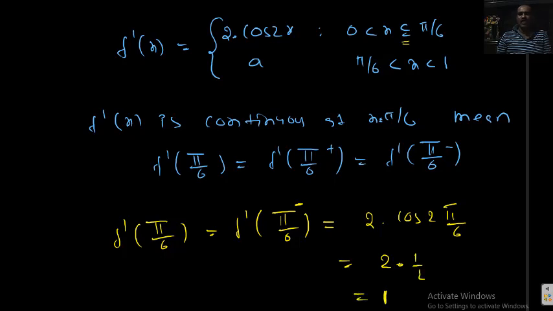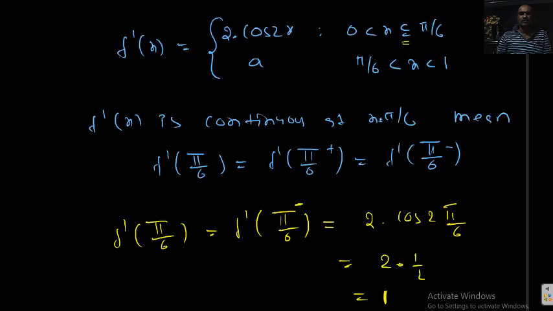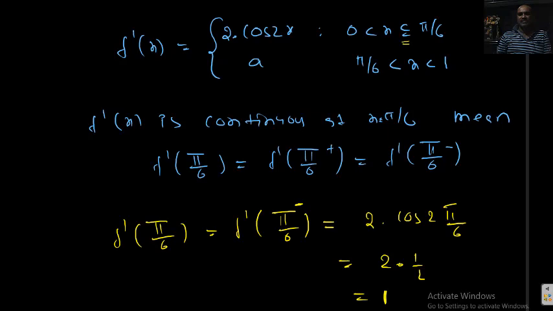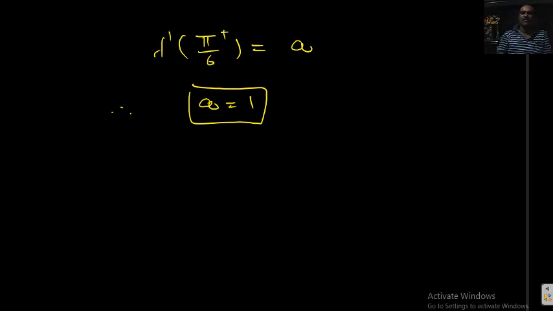Next, f dash of pi by 6 plus, that equals a directly. Therefore a equal to 1. f dash of pi by 6 plus should be equal to pi by 6 minus, that equals f dash of pi by 6, that 1 only, no? So finally we got a equal to 1.